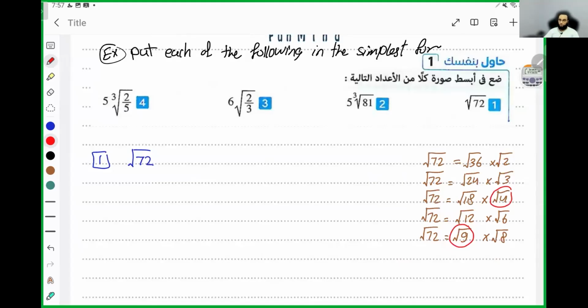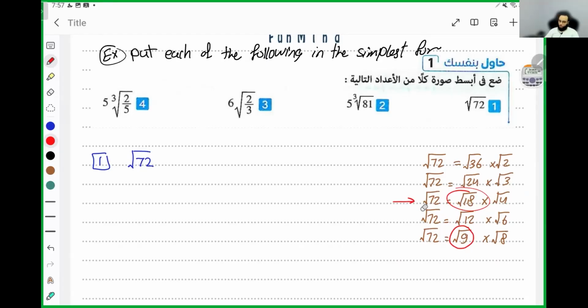So which one do you have to choose? I need the simplest form. This is the simplest form, or you can decompose it into 9 times 2. If you wrote it as root 18 times root 4, it is not in the simplest form.